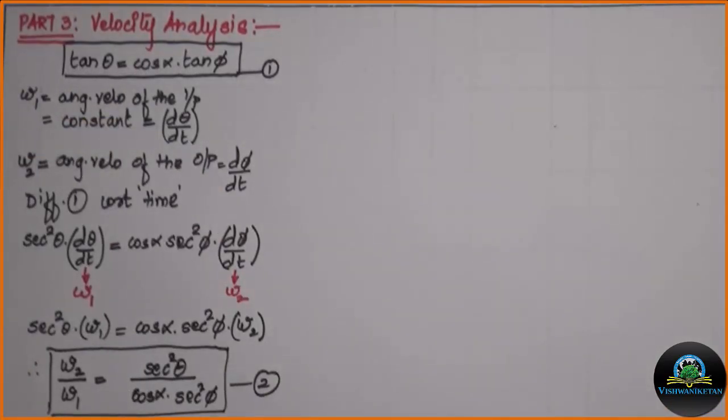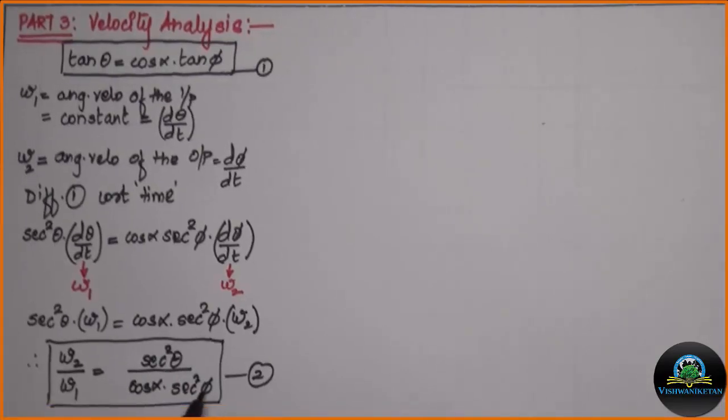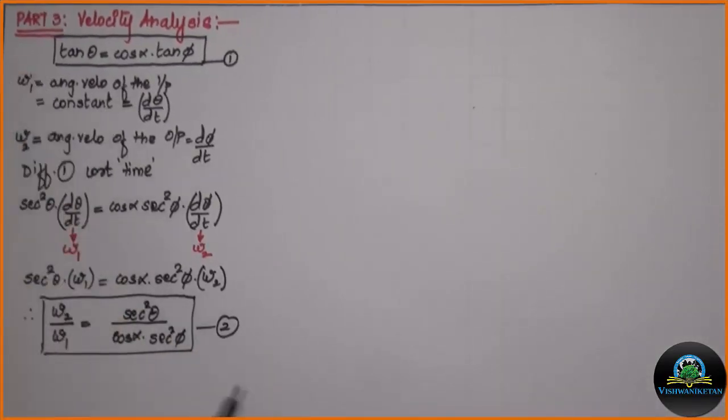Henceforth, the trigonometry involved in this case is to somehow reduce this right hand side and get it only in terms of theta. In layman's terms, somehow replace phi and get these terms in terms of theta.